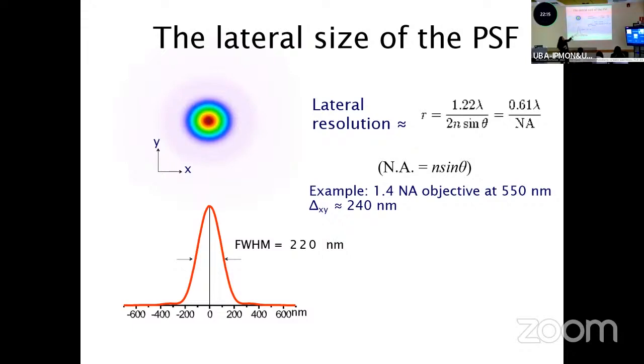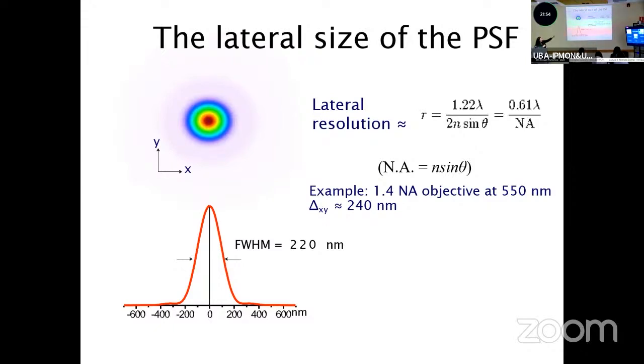So in this case, we're using the equation with the 1.22. Where is this coming from? It's coming from the first zero of the Bessel function, and the Bessel function arises from a Fourier transform of the aperture function. So that's where the 1.22 comes from.